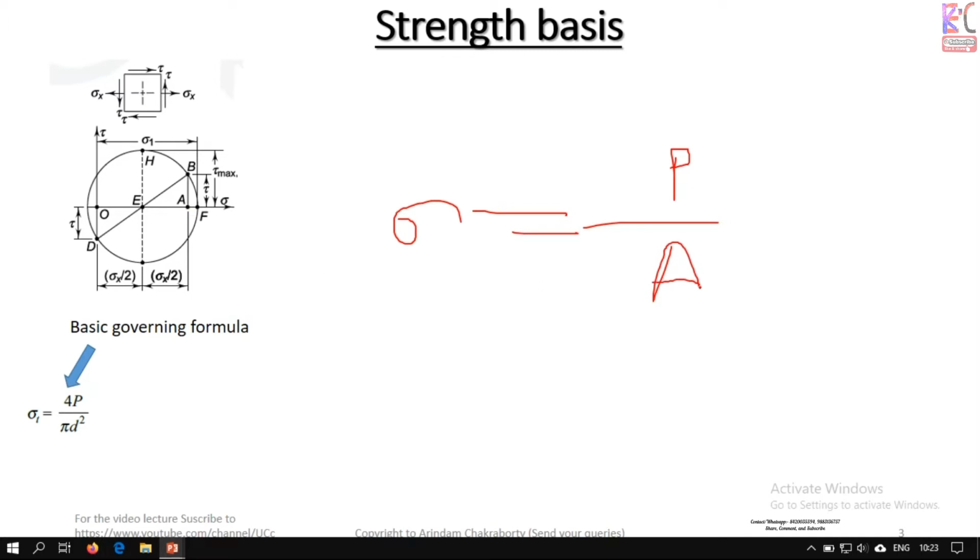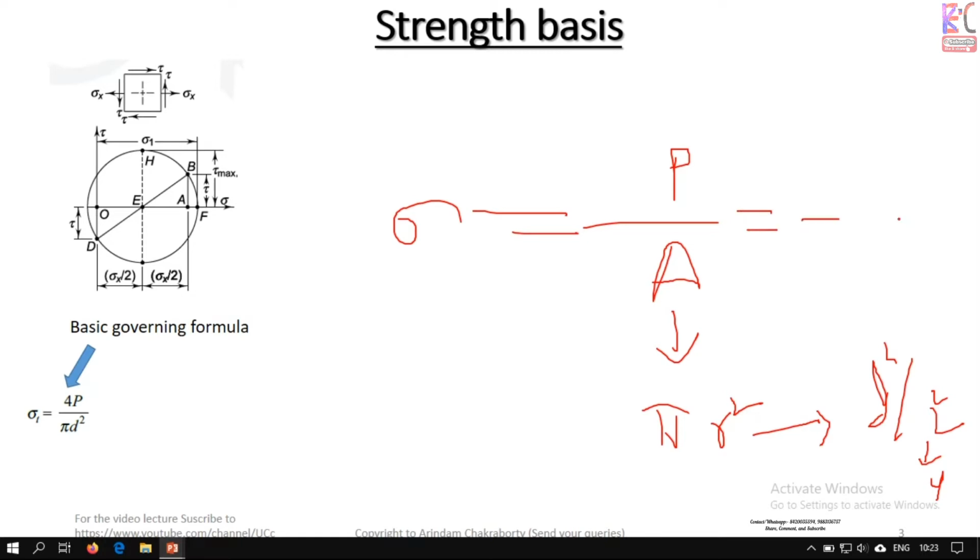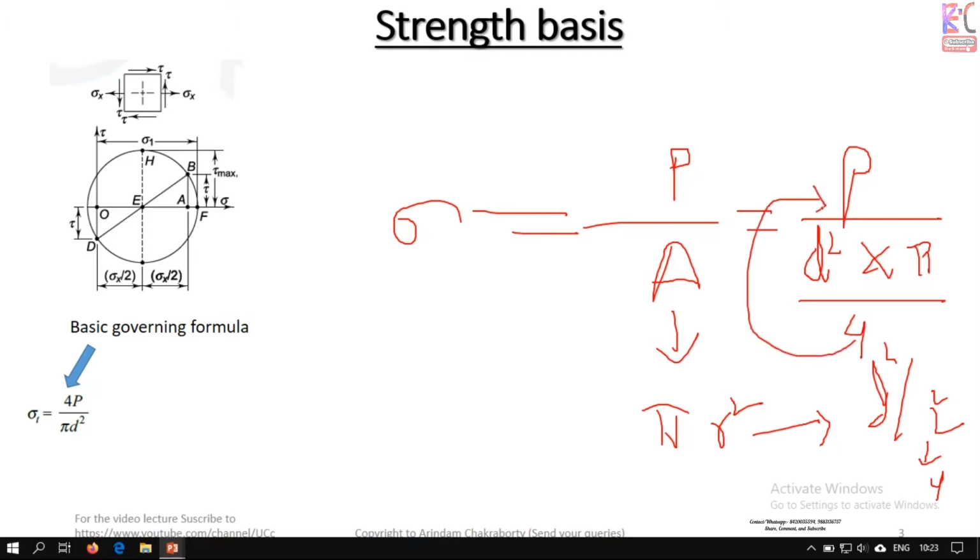The cross section is equal to pi r square, which is pi times d square by 2 square. That is, it will be 4. So what happens? Now try to understand. It will be P by d square into pi by 4. What happens? This 4 gets over here. This is what happened. Fine.